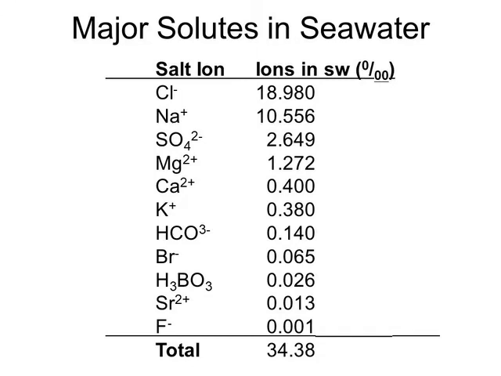On the next slide, you can see some of the major solutes within seawater. Sodium and chloride are the two top components of solutes within seawater. They make up more than half of the total. But the other ones also contribute and are important not only for seawater chemistry, but for biology within the ocean as well.